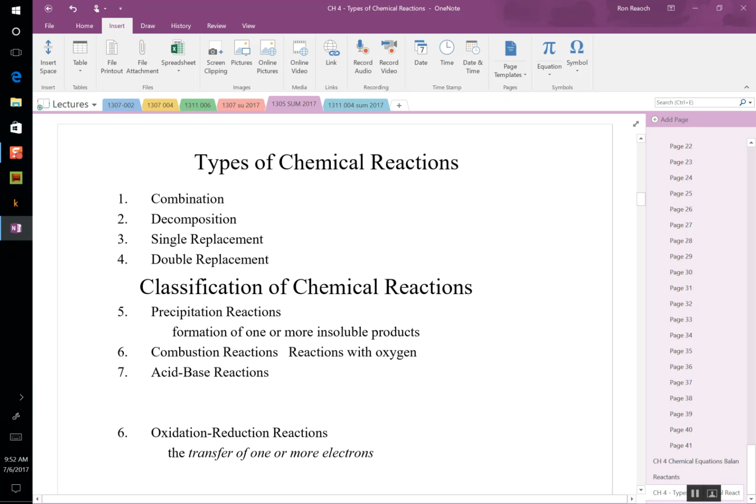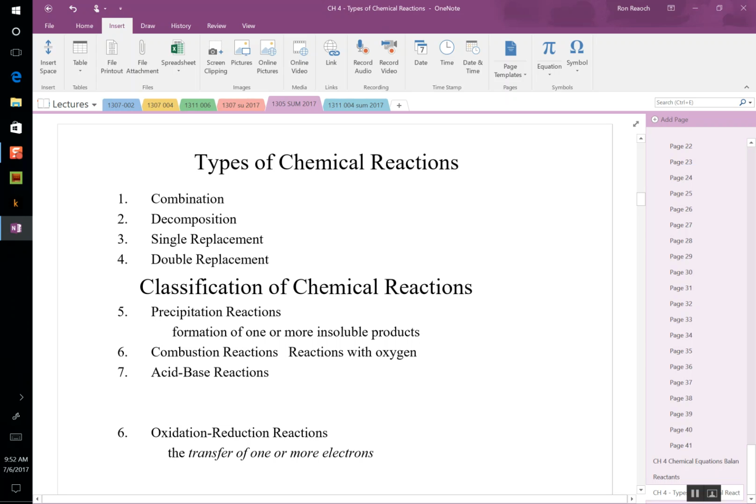Combustion is hydrocarbons reacting with oxygen. When you're burning methane or propane or gasoline, it's a combustion reaction. All right, acid-base, and then oxidation-reduction.